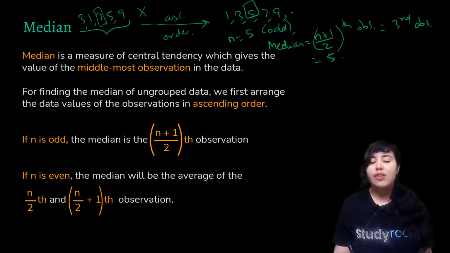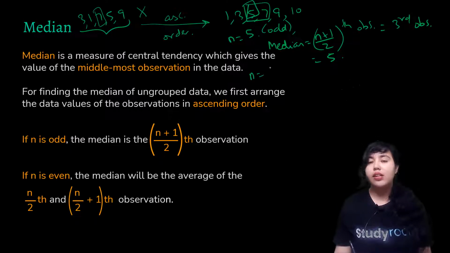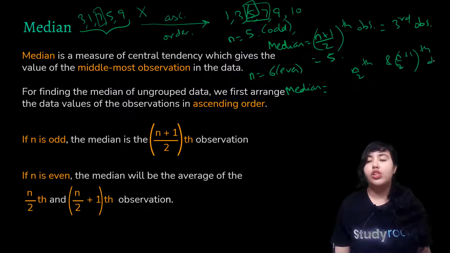Now here itself, if I add one more number, say 10, then you're having these two observations in the middle. So what do you do now? You calculate n. This is already in ascending order. So n is 6 here, which is even. So now median will require the average of two terms, your n by 2th observation and n by 2 plus 1th observation. So what will be your n by 2th observation? That is 6 by 2, that is the third observation.